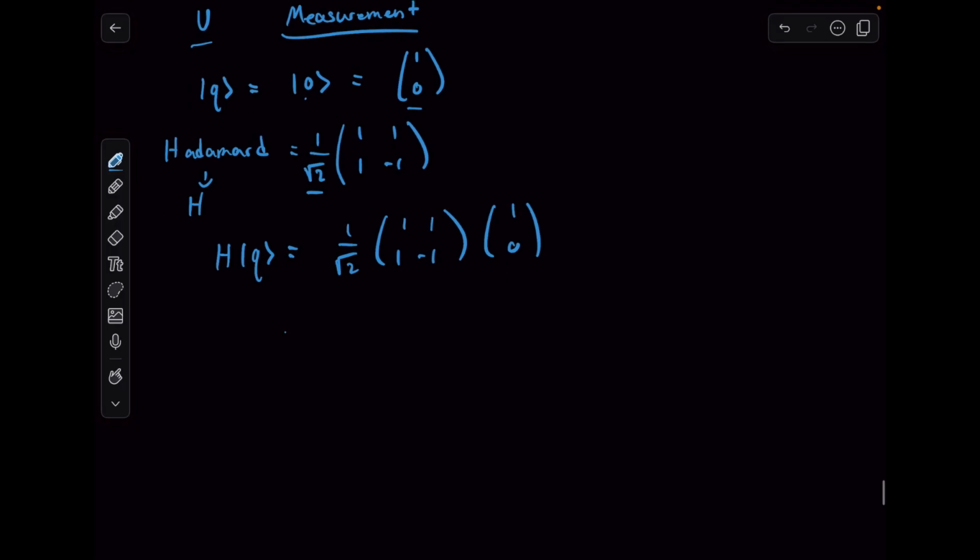And now we can just carry out our normal matrix multiplication, which will give us 1 plus 0, 1 plus 0. And this is an equally weighted superposition of both of our up and down 1 and 0 states.